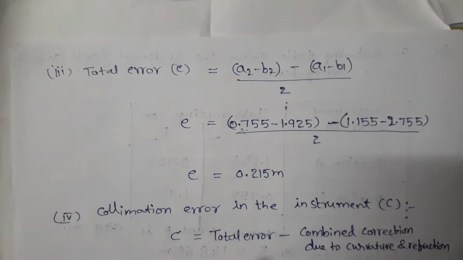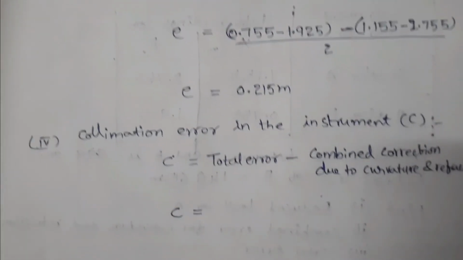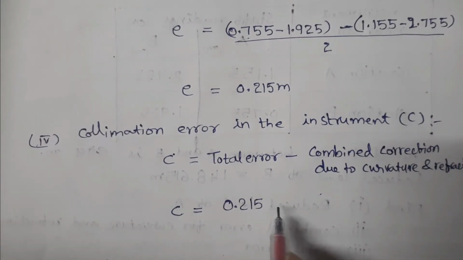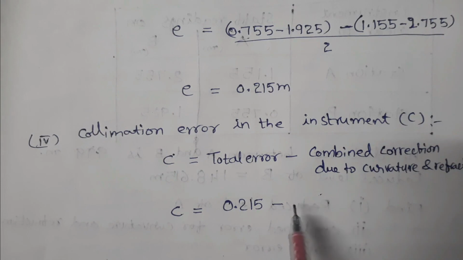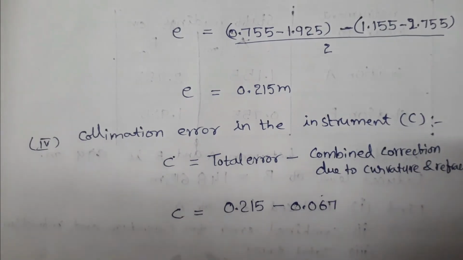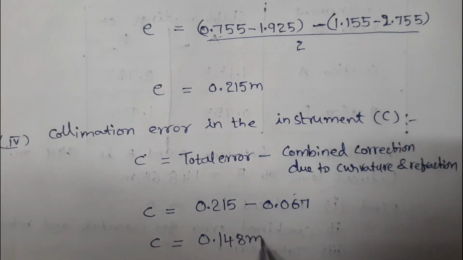We have found these two values. C is equal to, total error is 0.215 meters and combined correction due to curvature and refraction is 0.067 meters. Therefore, C is equal to 0.148 meters.